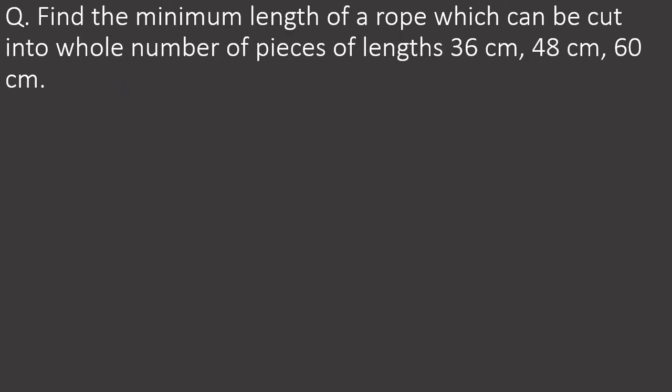The next question is find the minimum length of a rope which can be cut into whole number of pieces of length 36 cm, 48 cm and 60 cm. So to find that minimum length of rope we have to find the LCM of 36, 48 and 60.